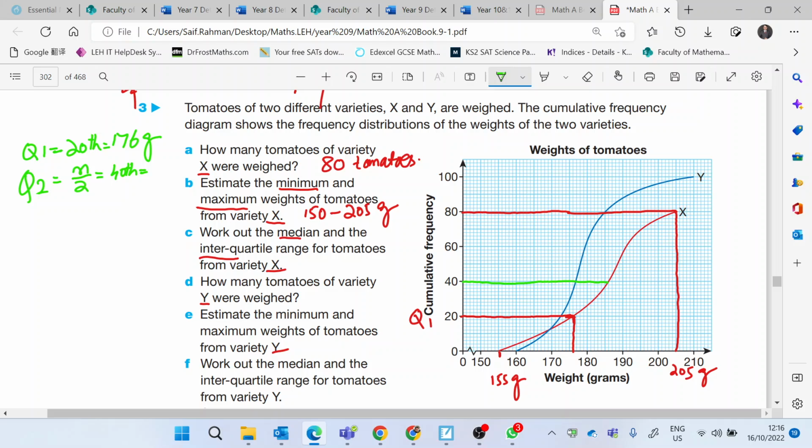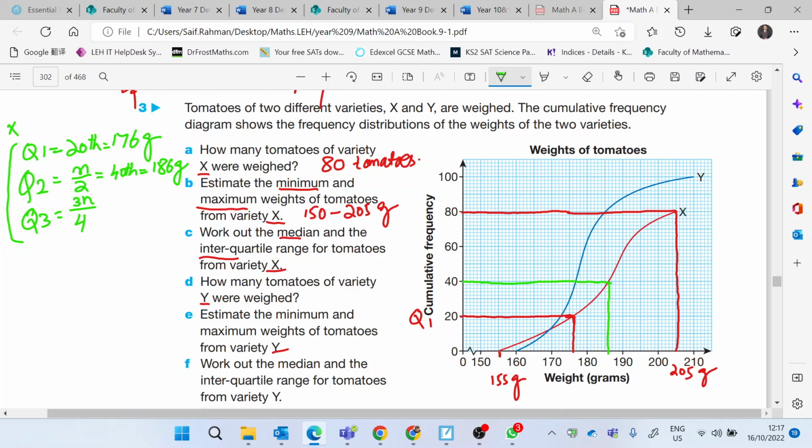for the red one, here 85, 86, 186 gram. And Q3, this all is for X, and Q3 was 3n over 4, and n is 80, so 3n divided by 4.